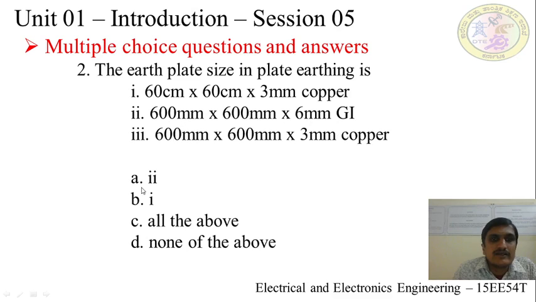The options are A 2, B 1, C all the above, D none of the above. What is the answer? Can anybody tell? Any guesses? The answer is C, that is all the above. All these dimensions or all these sizes are used for earth plate in the plate earthing.